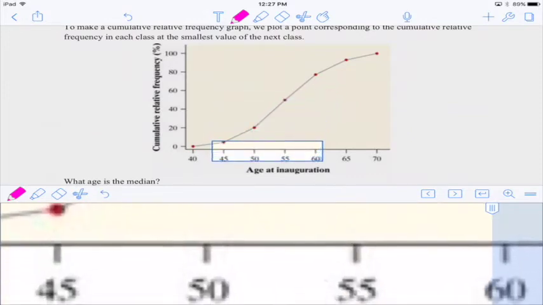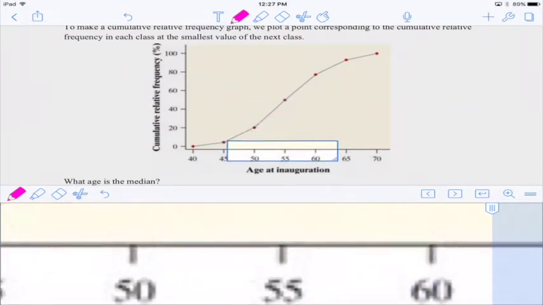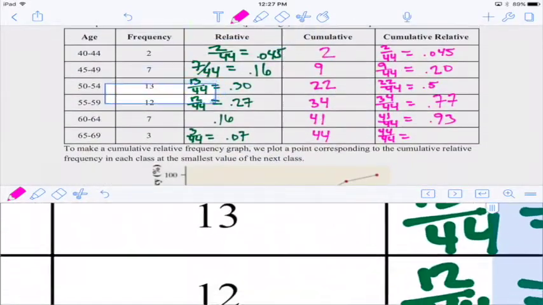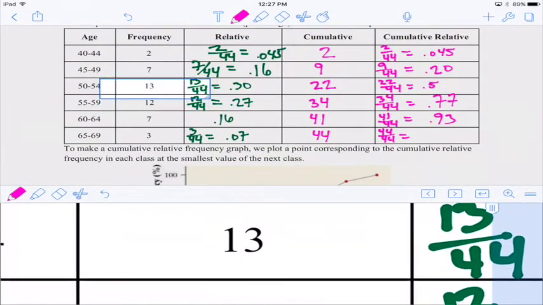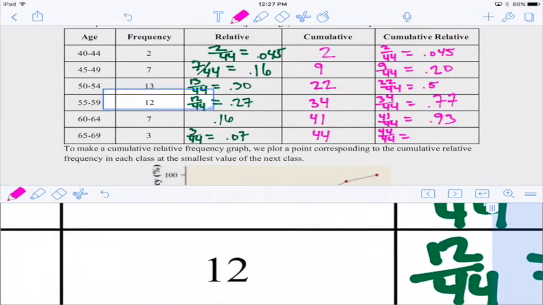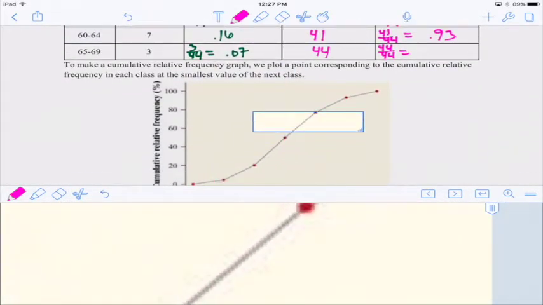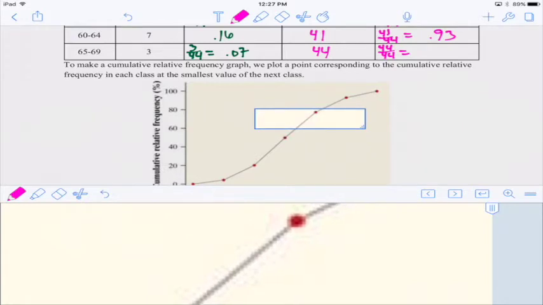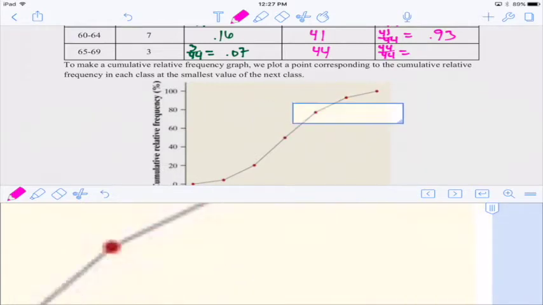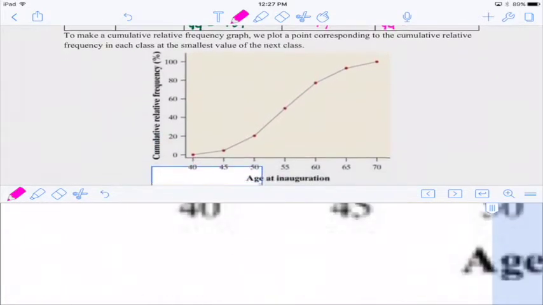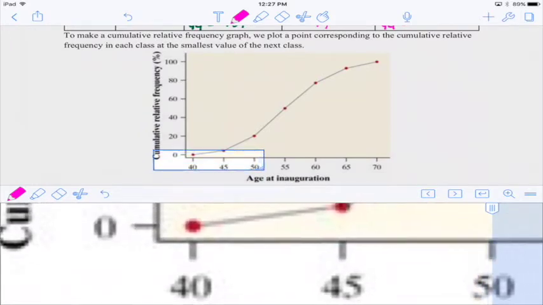They were inaugurated at age 50 to 55. If we go back to our table, between 50 and 55, this 13 is the largest, closely followed by this one. Okay, this slope is telling us how much is being added. You see how this slope is very small and this slope is very small. There are less people being inaugurated at these times.